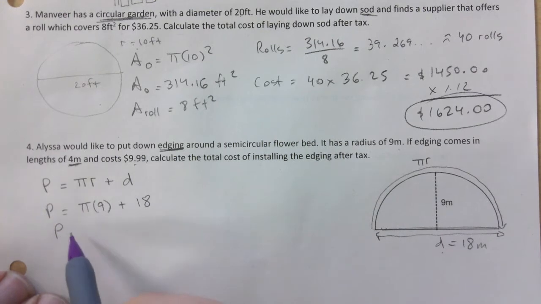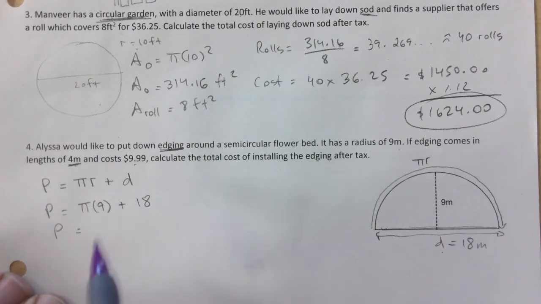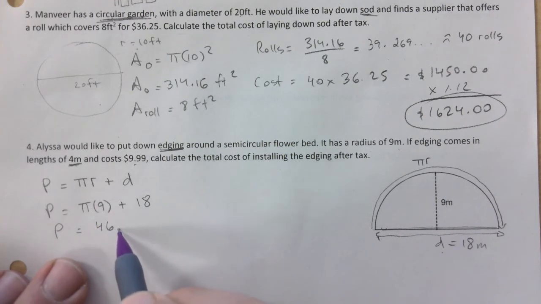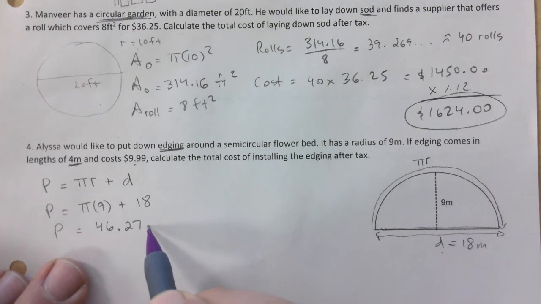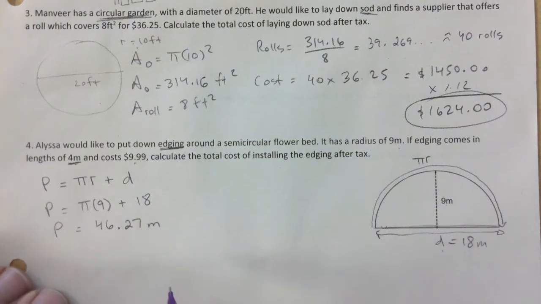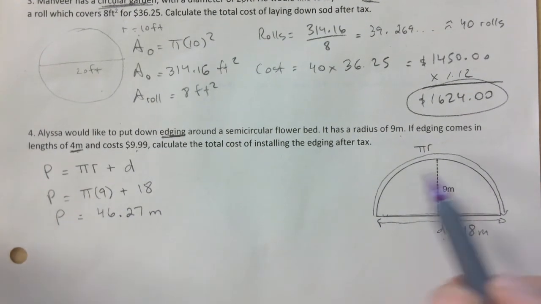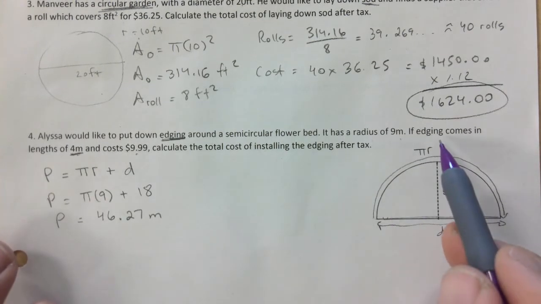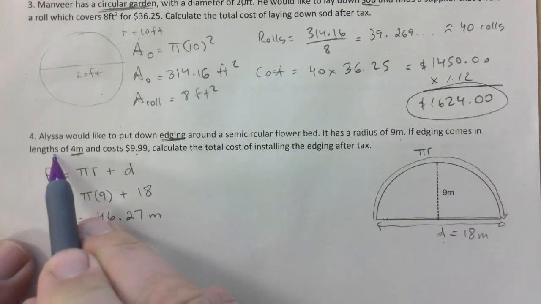Okay, so the perimeter ends up being 46.27 meters. The perimeter of this garden. Okay, you need to find out how many pieces you need to buy.